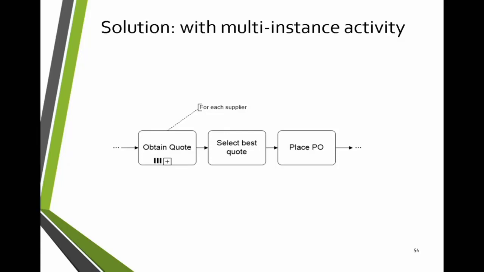The difference with the loop marker is that in the loop case, it depends on my data condition how many times I do this loop. While in this particular case, the number of iterations is determined as soon as I start this multi-instance task. But the instantiations themselves will happen one after another. So if I have three iterations of task A, they will happen sequentially in time.